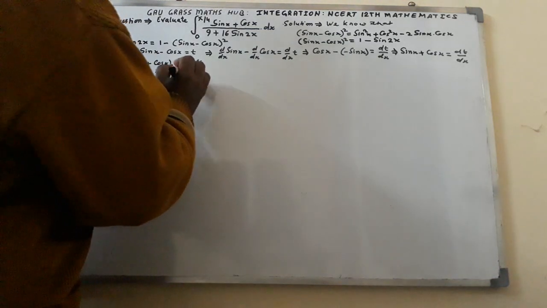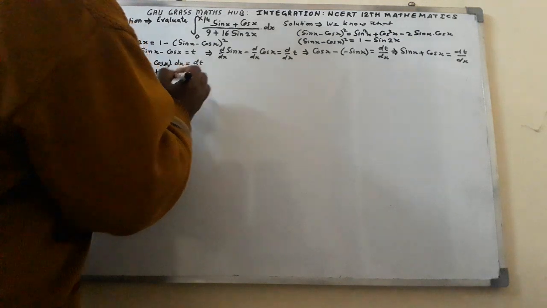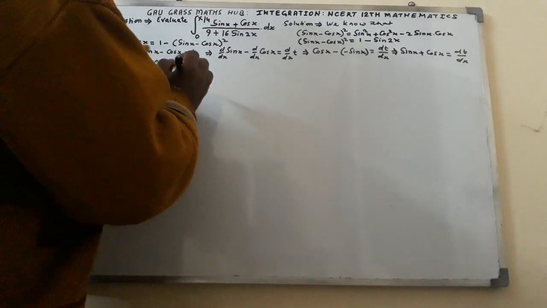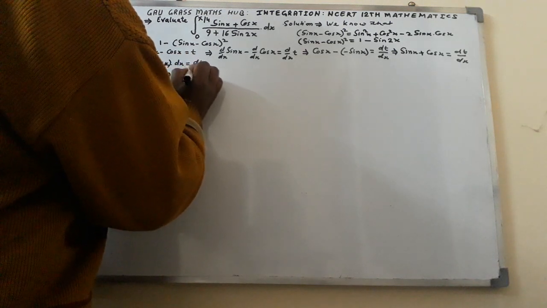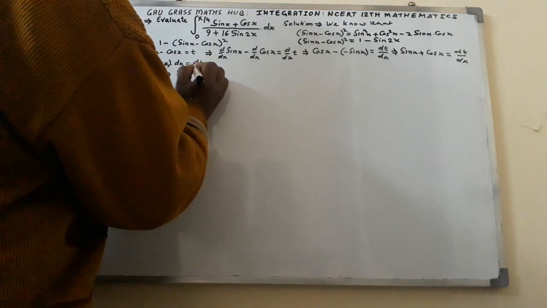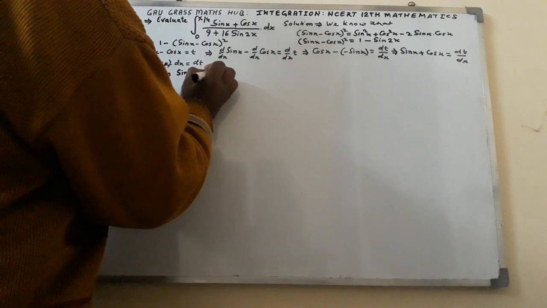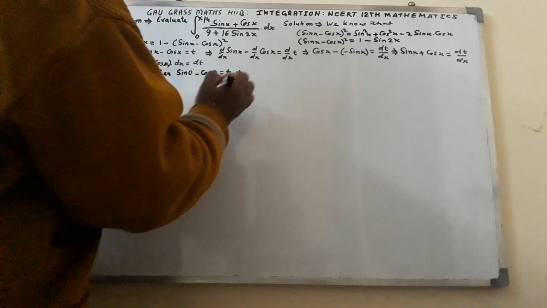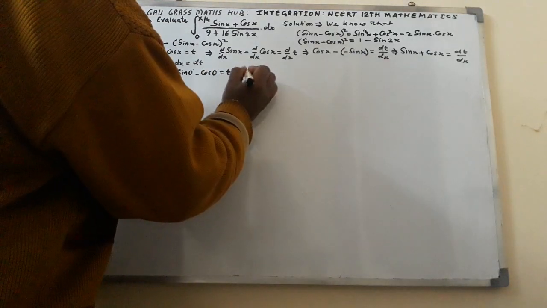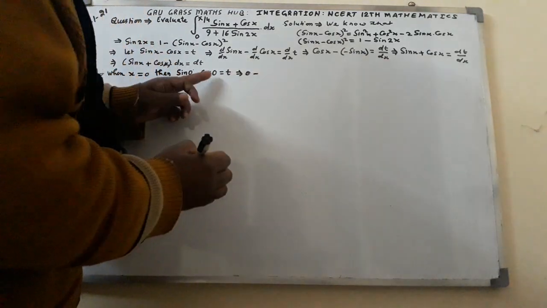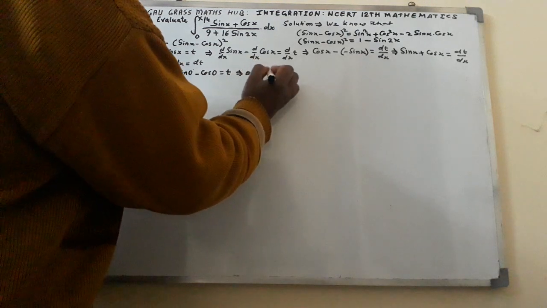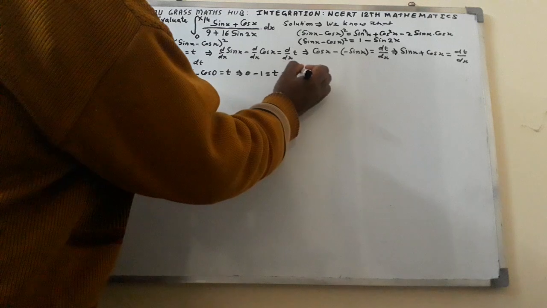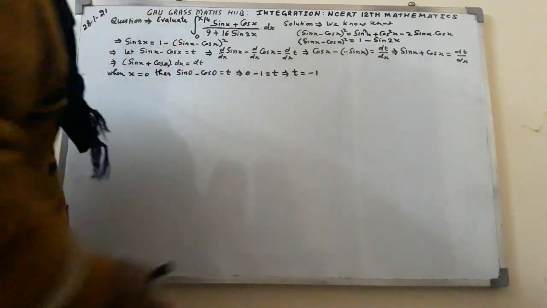Then in place of x, I shall write 0. The sin 0 degree minus cos 0 equal to t. Implies that sin 0 means 0 minus cos 0 means 1 equal to t. Implies that t equal to minus 1.